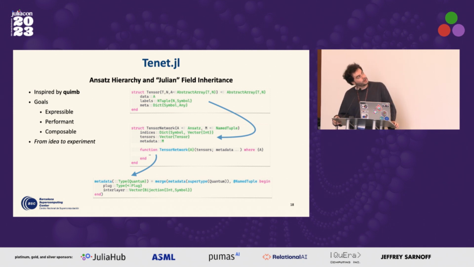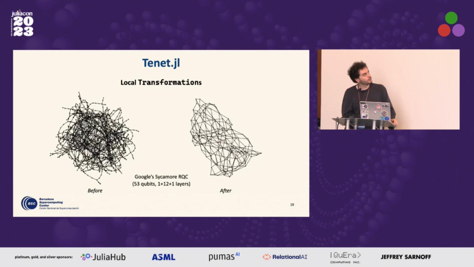So it's more or less the Julian way, with some field inheritance. This is a very easy way to expand the number of quantum tensor networks that you have, like MPS or PEPS. You already have this site information, and you can very easily fuse with an MPS, for example, to have an MPS and an MPS contraction. You don't really need to deal with what the index names are.